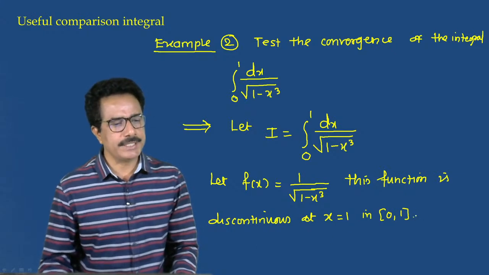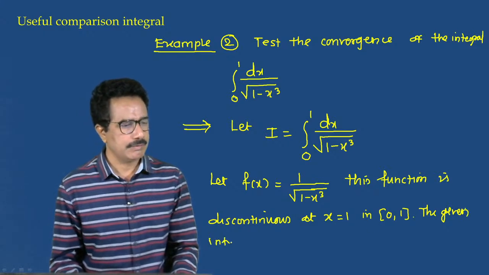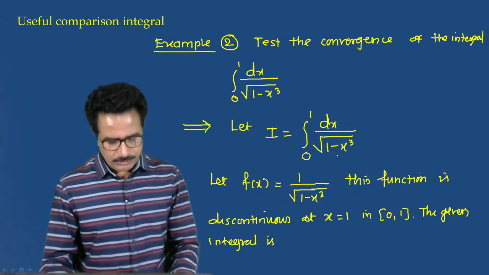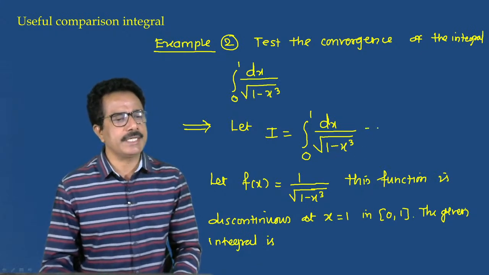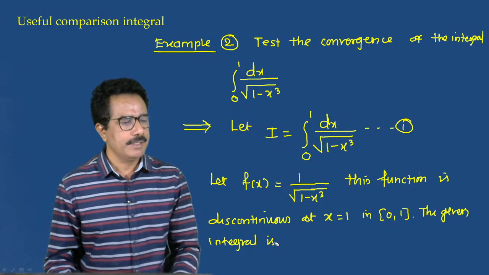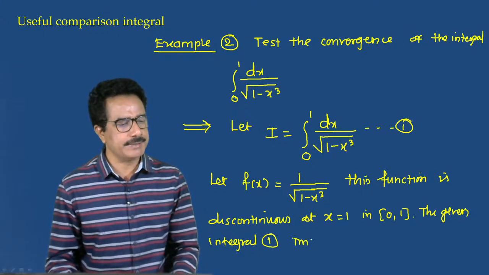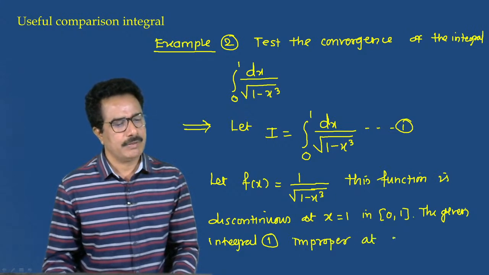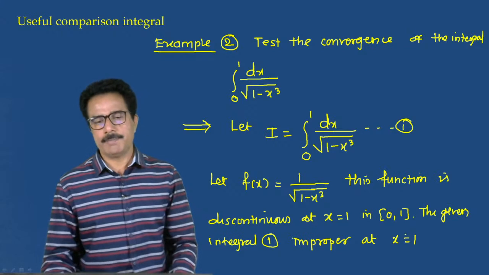Therefore, suppose this given integral, call it integral 1, is improper at x equal to 1.